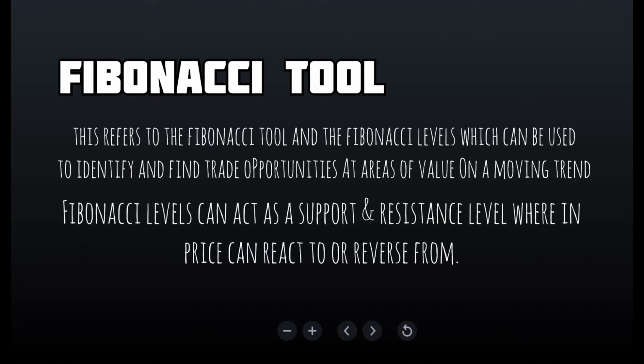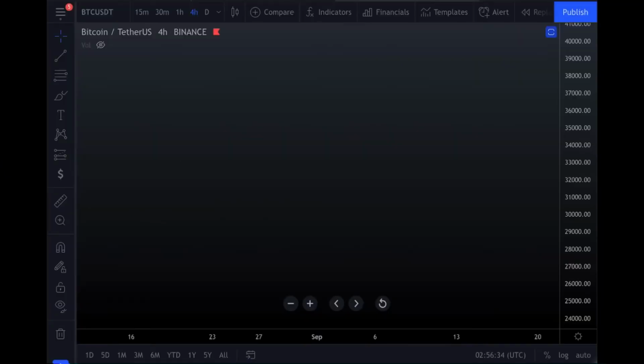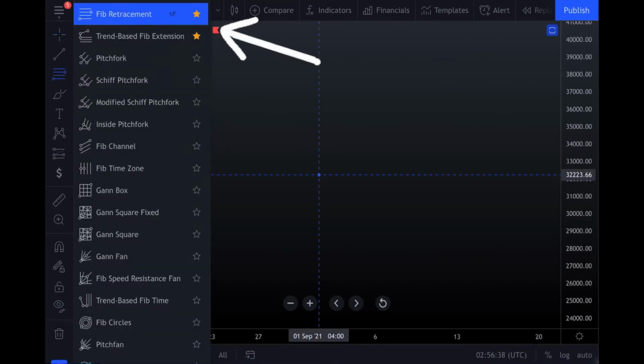Fibonacci levels can also act as a support and resistance wherein price can react to or reverse from. Now, to access the Fibonacci tool in TradingView, click here on the left side and then click Fib retracement.